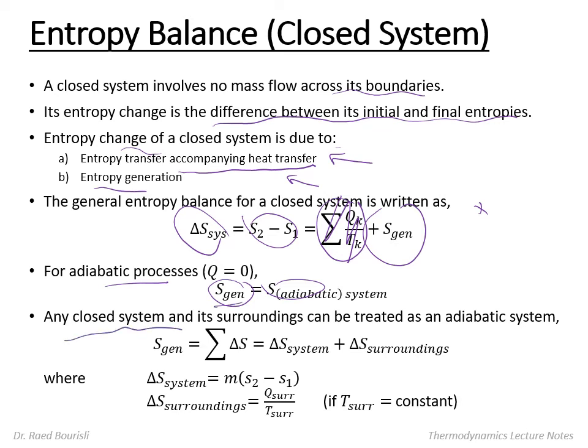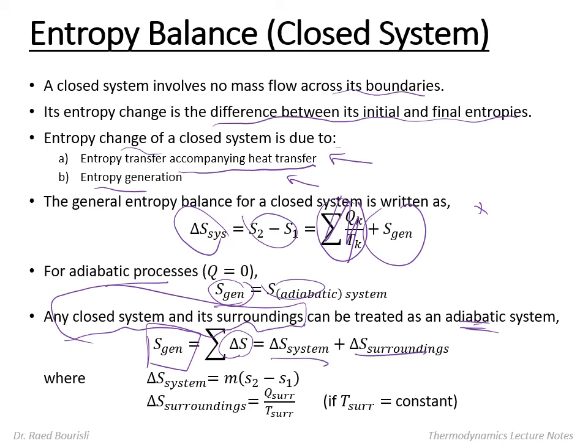And a closed system and its surroundings, I can always take them together as an adiabatic system, because there is no heat transfer between the system and the surroundings if I take them all as the system. Like an isolated system, if you remember them. So Sgen is equal to the summation of the entropy changes for the system and the surroundings.